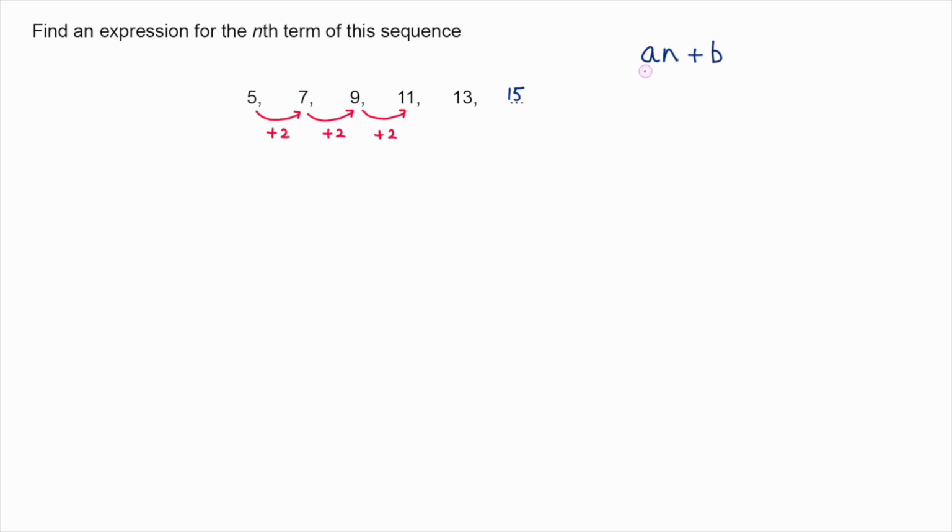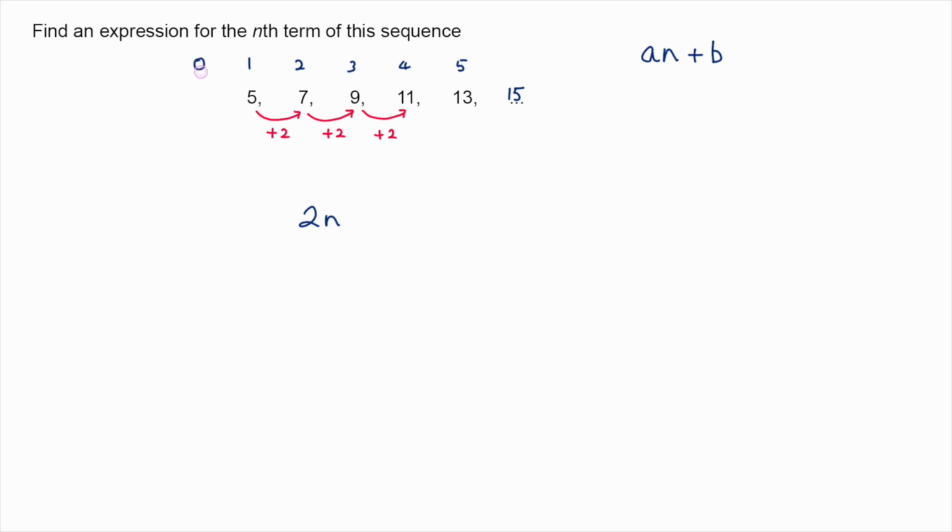Now the a value is really easy to find. It's just this common difference. So the rule will start off with 2n. And now all we need to find is this b term. And that's quite easy to find as well. So if this was the first term, second term, third, fourth, fifth, etc., what we do is we go back to this 0 term.